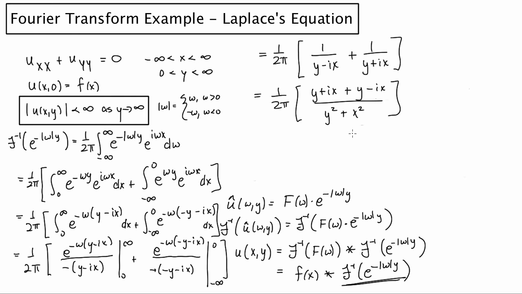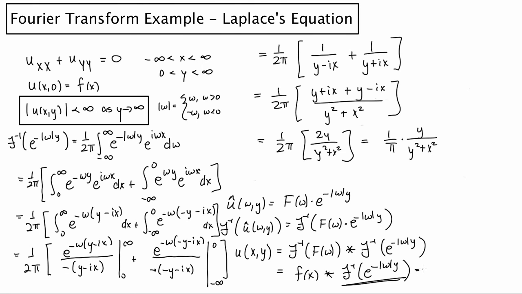And what ends up happening here is the top cancels out very nicely, so that we get 2y over y squared plus x squared, which in this particular case is just 1 over pi times y over y squared plus x squared.